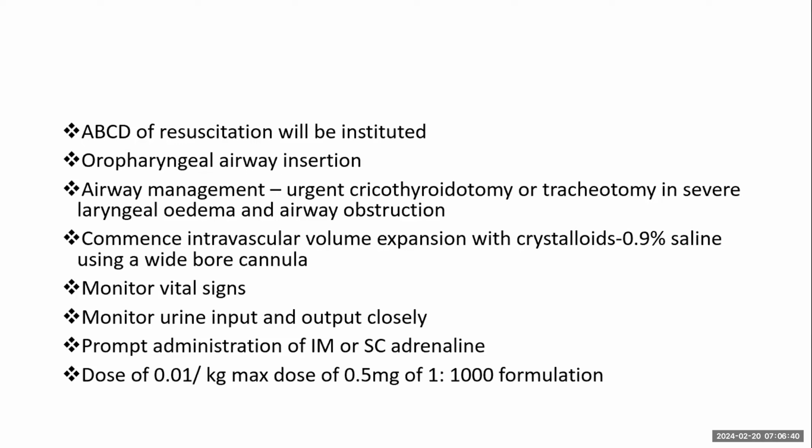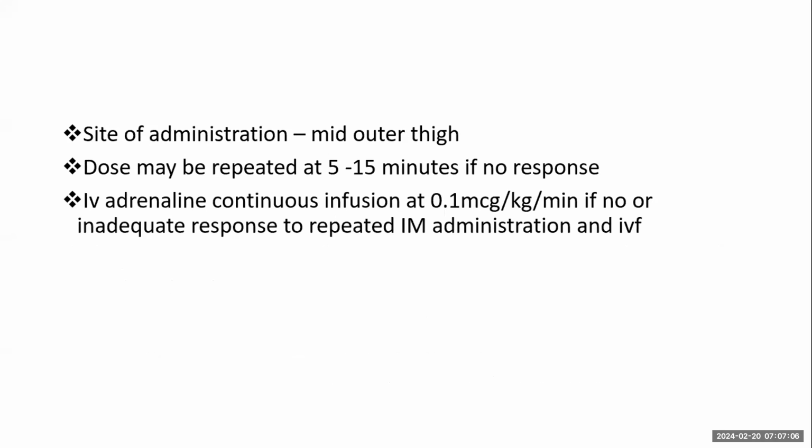I'm going to monitor the vital signs, strict input and output charts to be kept, and prompt administration of IM or subcutaneous adrenaline. The dose of 0.01 per kg, maximum of 0.5 milligram of 1 in 1,000 formulation.